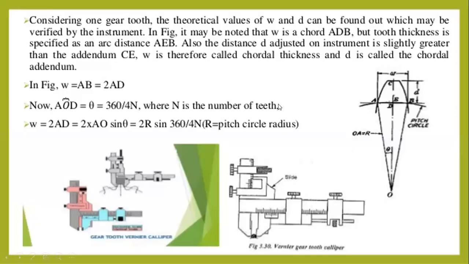So W is equal to AB, that is, two times AD.